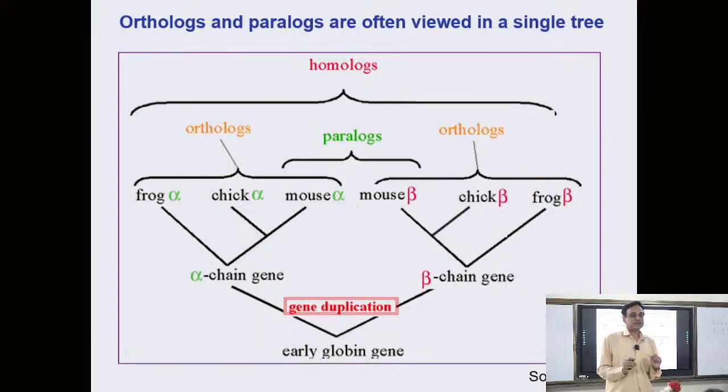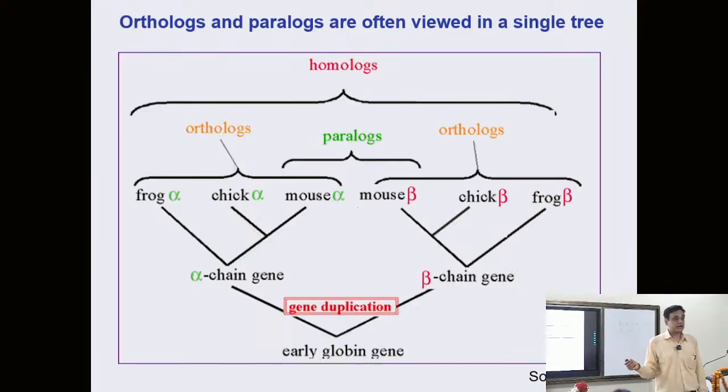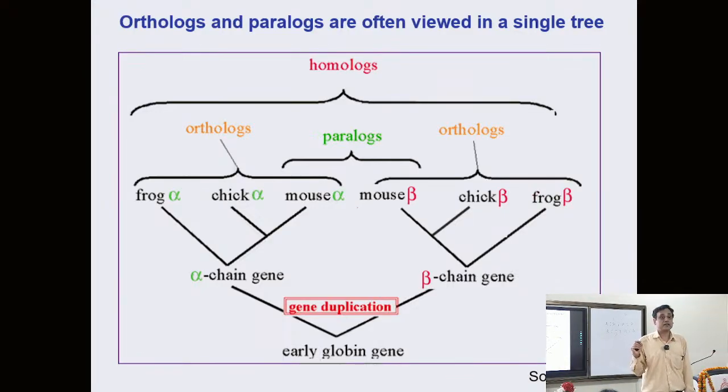People sometimes say, and many biologists also, that if genes are present in different organisms, they are orthologs. It is not so. You have to trace back and understand how they are related. What is the event that resulted in the evolution of these, and because of that they are related to each other?